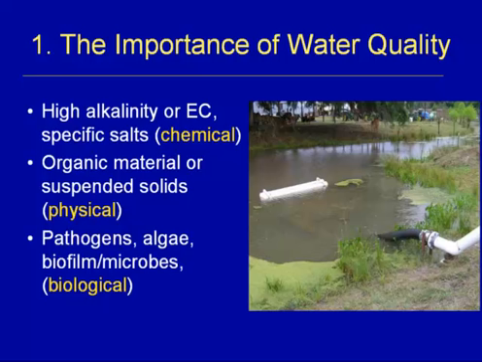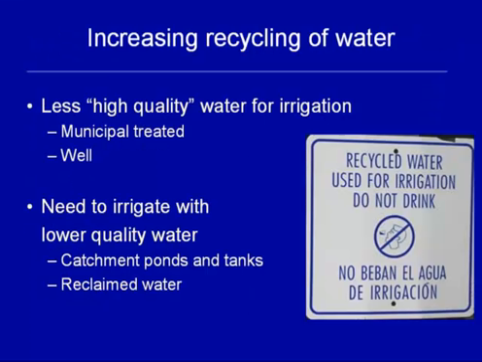And there are biological aspects of water quality as well. We think mostly of disease management and controlling pathogens in our water. Algae can certainly be an issue in situations such as plant propagation. And for anyone having drip irrigation or micro irrigation systems, biofilm and clogging of nozzles can certainly be an issue.